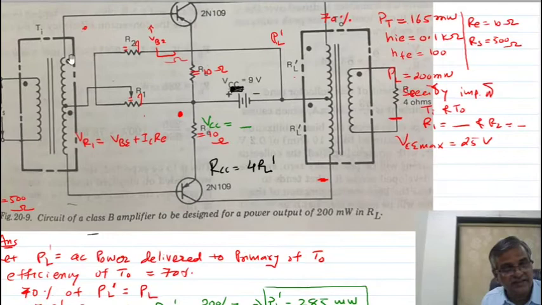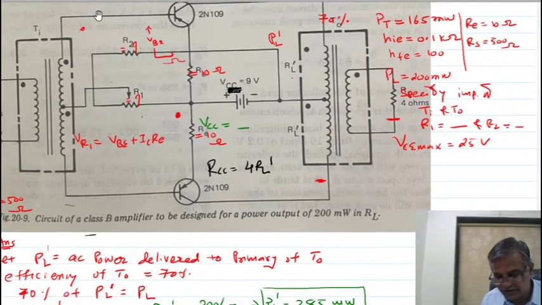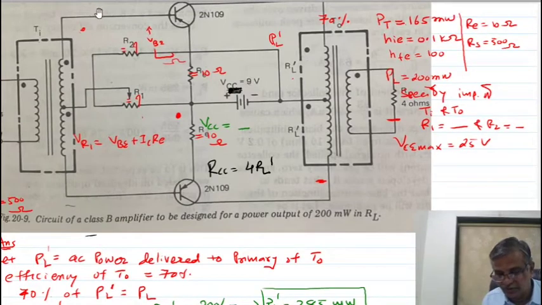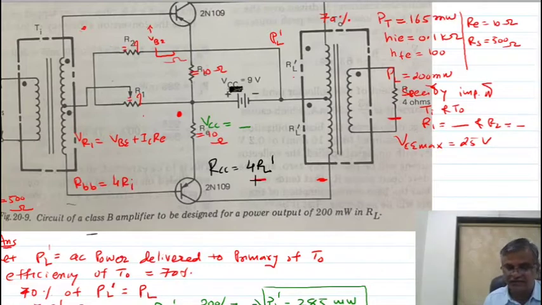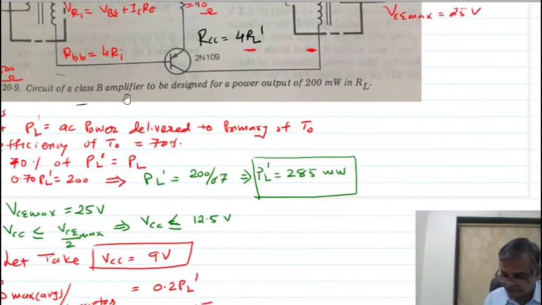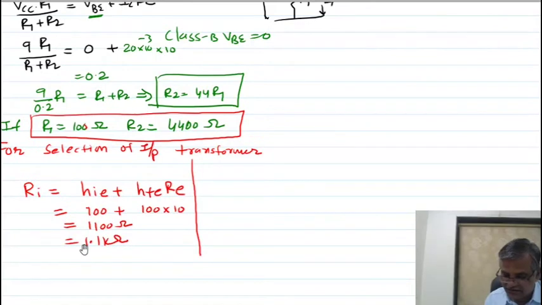The secondary impedance of the TI depends upon the resistance between the base of Q1 and Q2, and you already know that this resistance RBB is 4 RI, as we did.